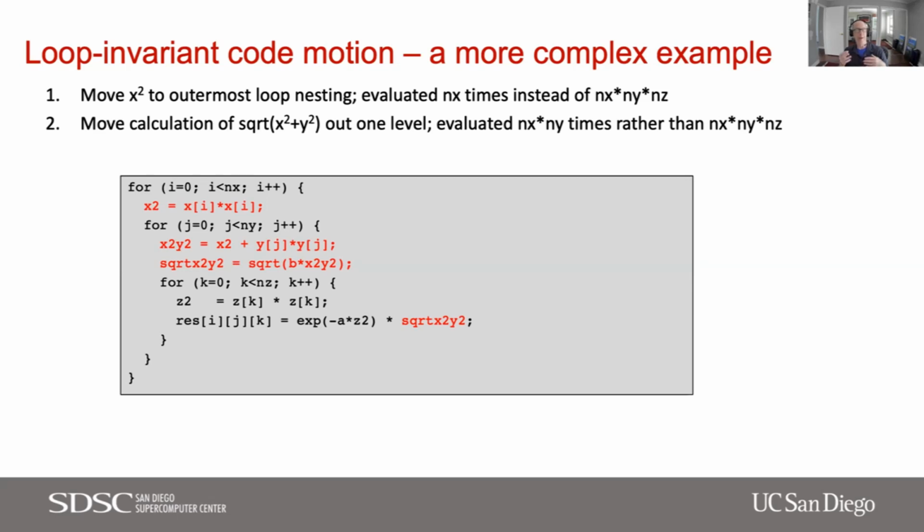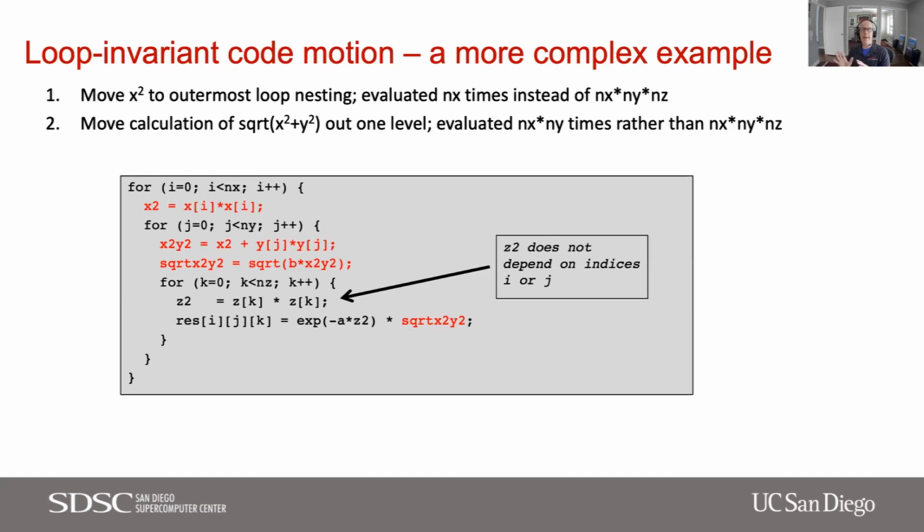And then we can take the calculation of x2, y2, and then the square root of b times x2, y2, and move that up one level in the loop nesting. And now, by the time we get into that innermost loop, instead of doing all of these additional calculations, all I have to do is calculate the exponent minus a times z squared, and then multiply it by this term that I had calculated already, which is going to be the same for every iteration of the innermost loop.